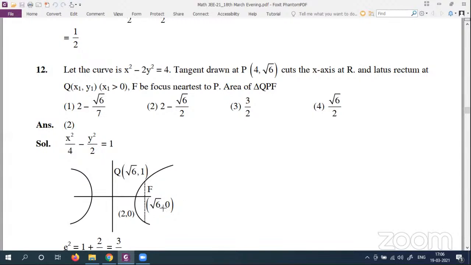So P is given as 4 comma root 6. So what will be the latus rectum? You can draw that while passing through the focus. We get the focus as root 6 comma 0.